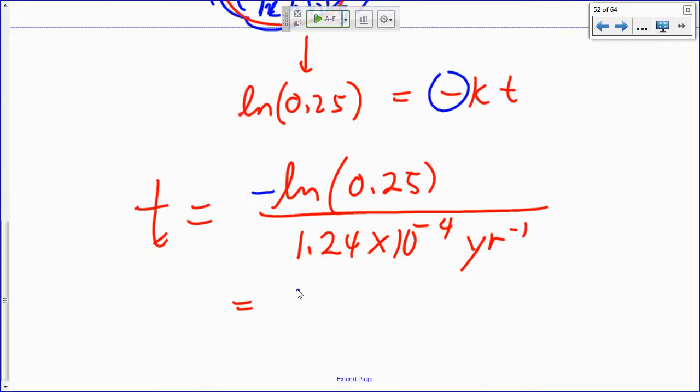I'm just going to keep 3 sig figs, so 11,200 years.